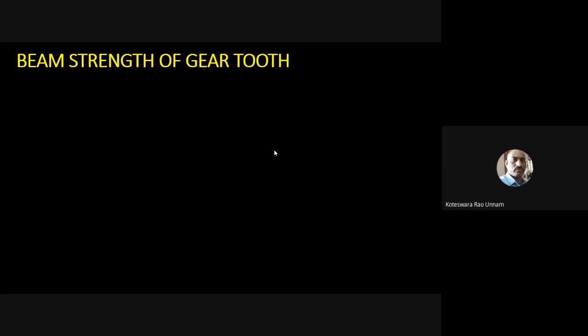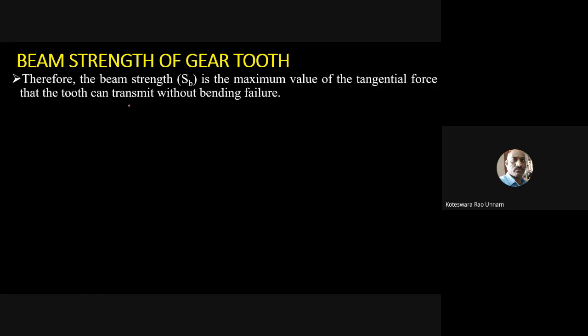In the last class, we discussed the beam strength, and we derived an equation for it with some assumptions. The most important assumptions: the effect of radial load is ignored, so PR is not considered, only PD is considered, and this PD is assumed to be distributed throughout the width of the gear teeth.